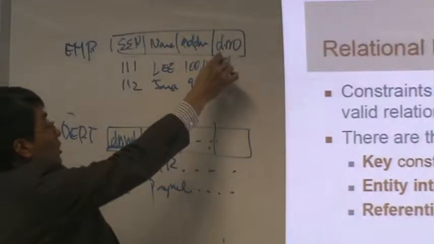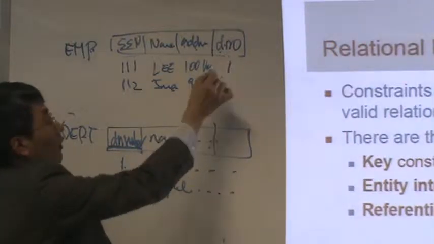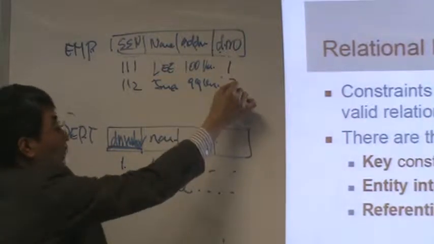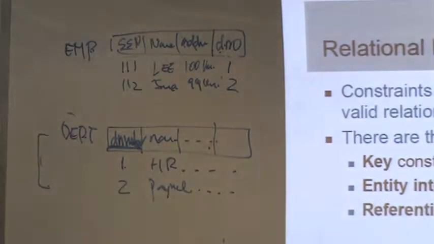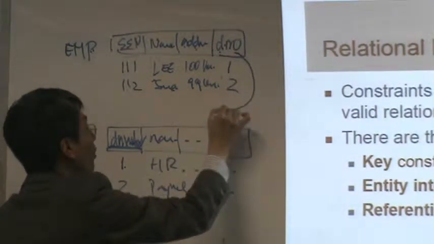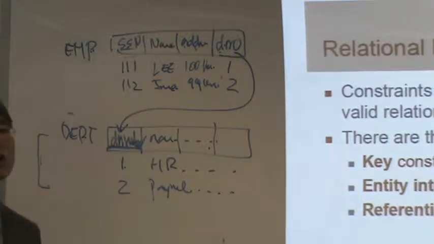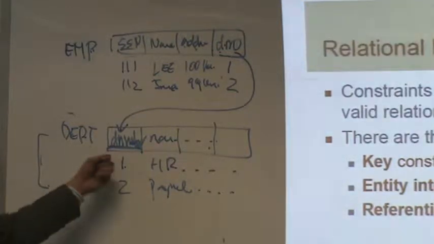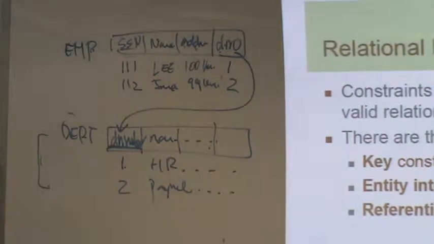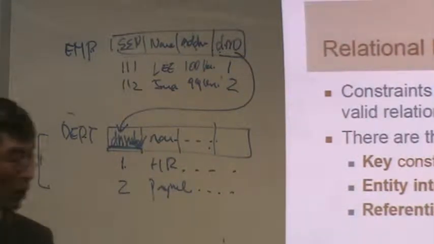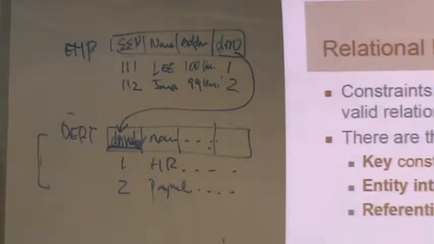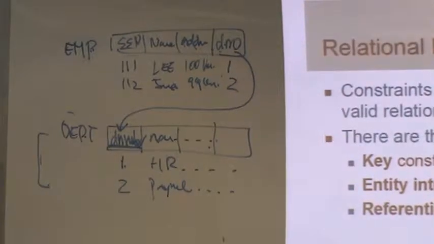Then you can see that James works for the payroll office, something like that. Which means this DNO always depends on the D number of the department. It's another constraint, another rule of the relational database model.